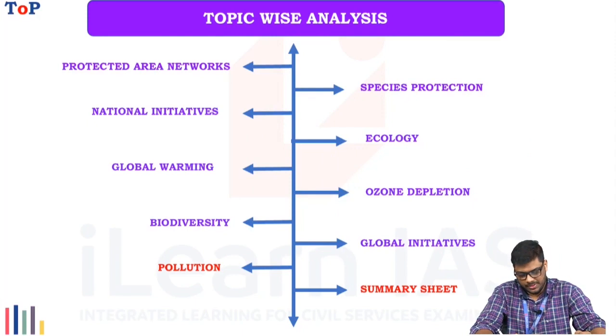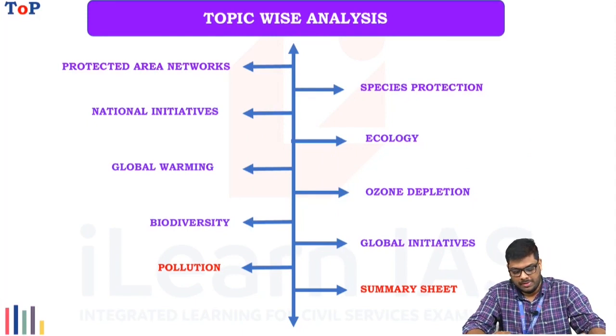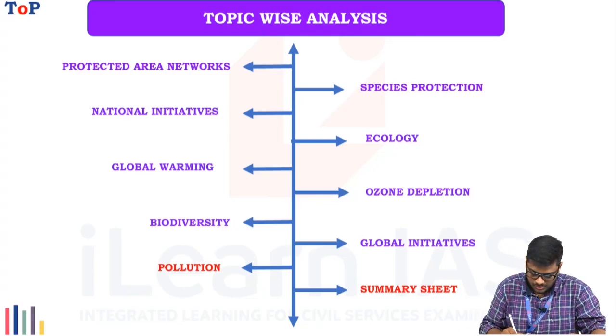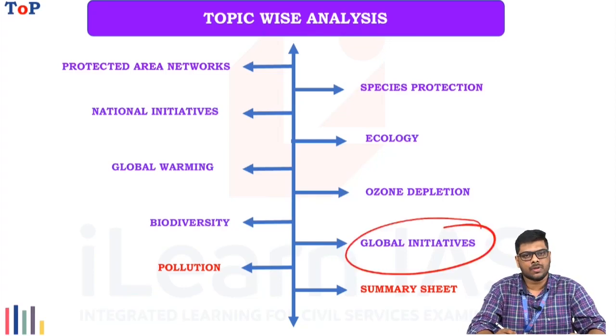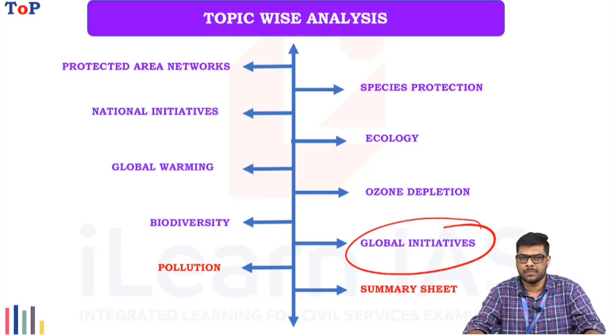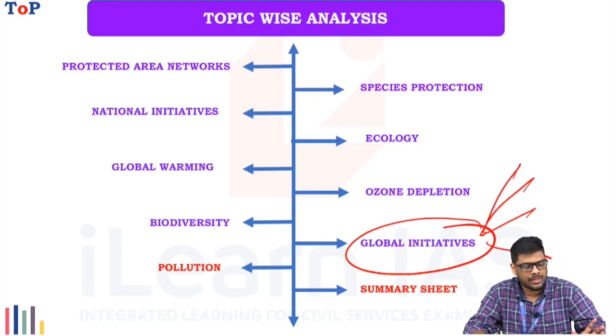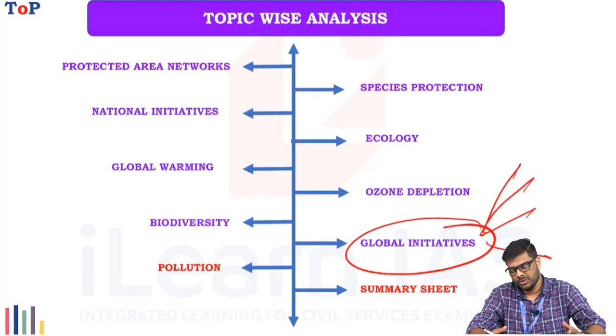So we are going to discuss the second last module, but the most important module among this environment and ecology section, which is global initiatives. This particular module creates so much problem for aspirants because it is highly diversified, highly disorganized. People don't know where to start from and where to collect information.